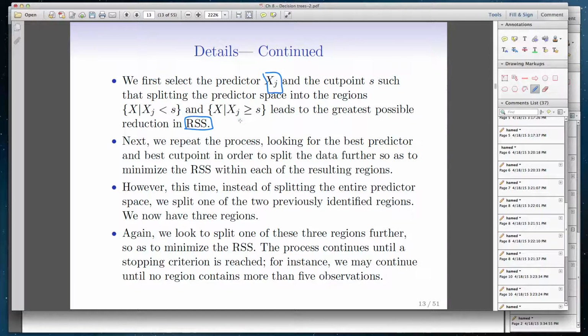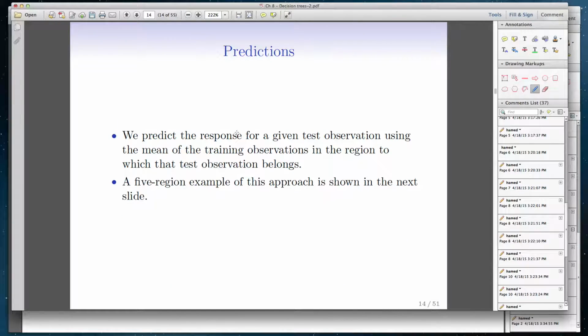So the best split is the one that creates the least residual sum of squares, which is the summation of the squared differences between all observations and your predictions. You do that over and over again until you get a good split, the one that minimizes the RSS among all of your choices. You do it over and over again until you get to the number of regions you want.